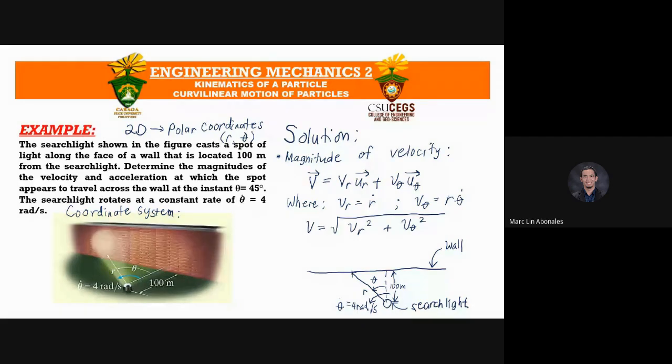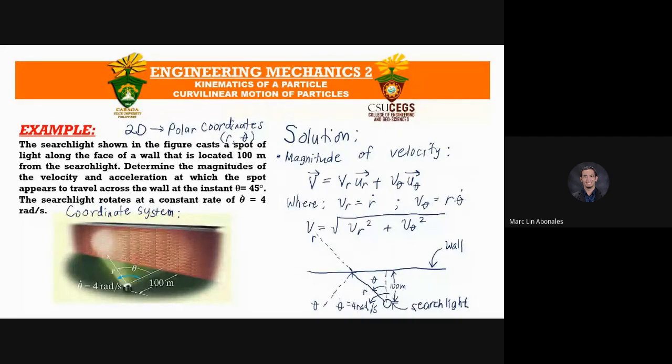Its R is aligned with this R distance. So that is aligned with our R. So that is our R axis or the radial axis. And the perpendicular, that is our transverse axis or the theta axis.